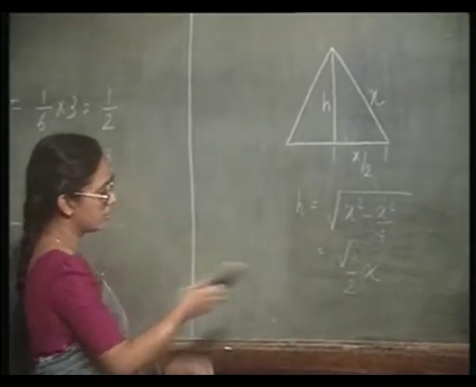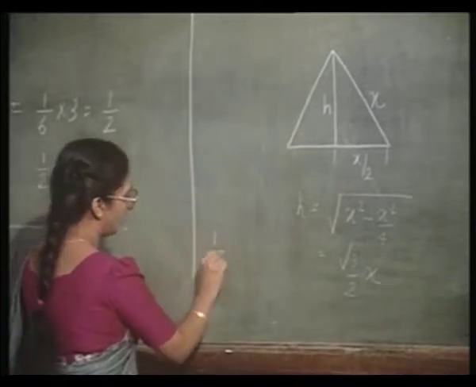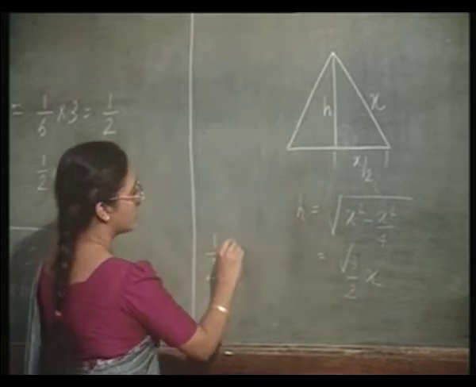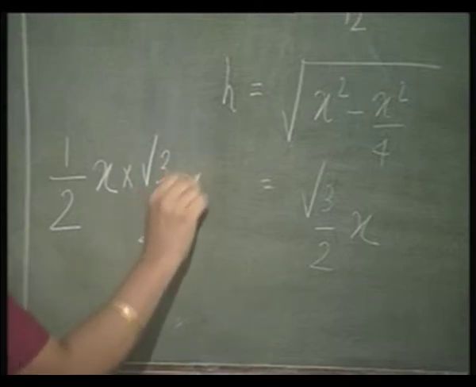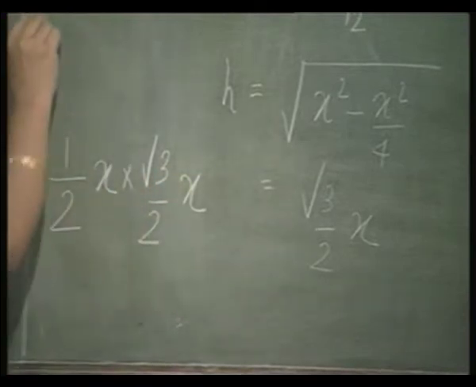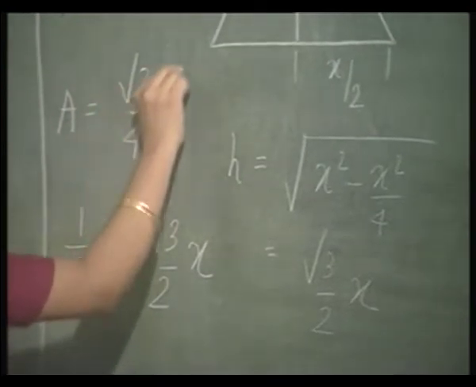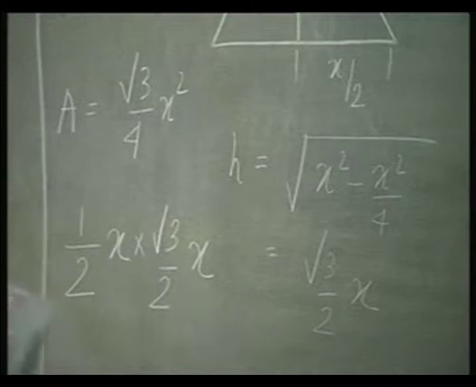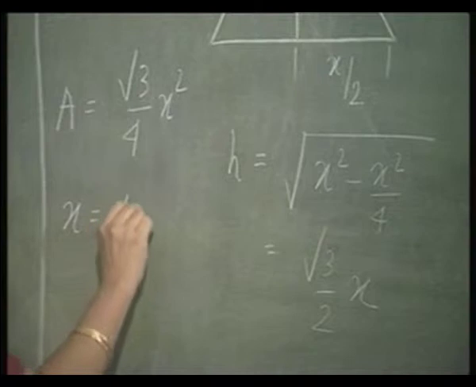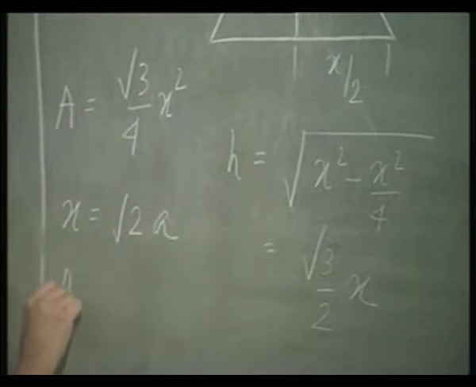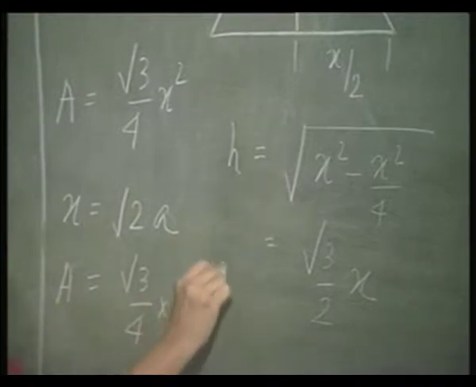I think I will just redo this once again, maybe this step should be worked out. So, half base is actually my x into root 3 by 2 x. So, area is actually root 3 by 4 x square, and since x is root 2 a, therefore, area is root 3 by 4 into 2 a square.